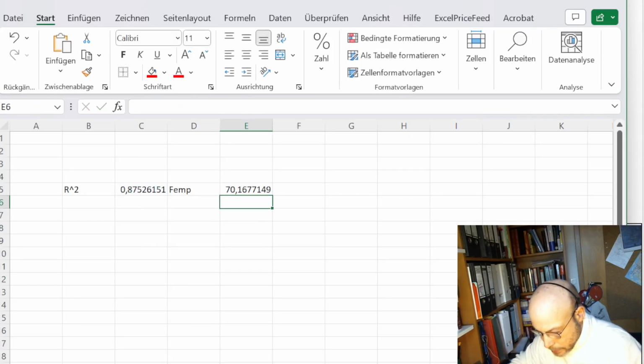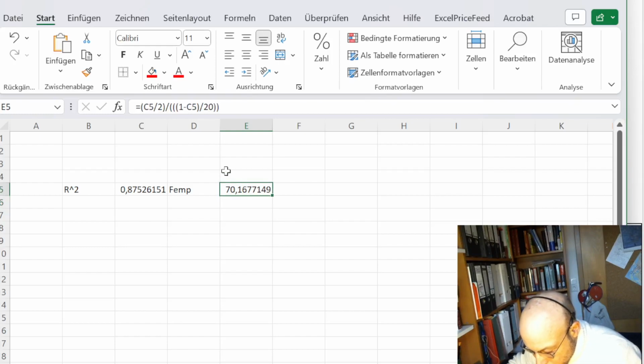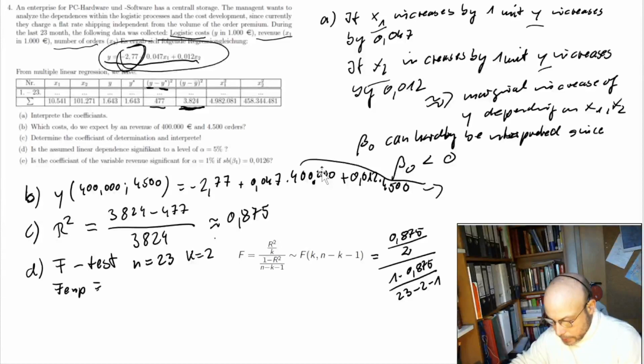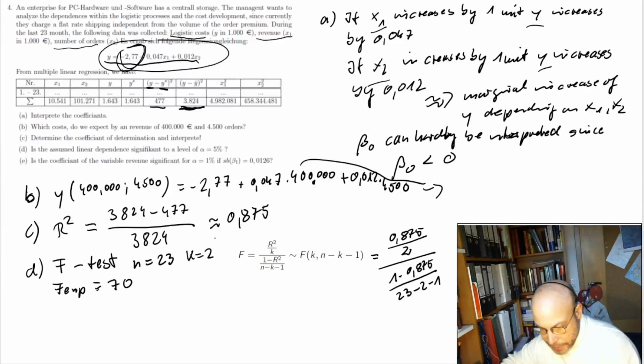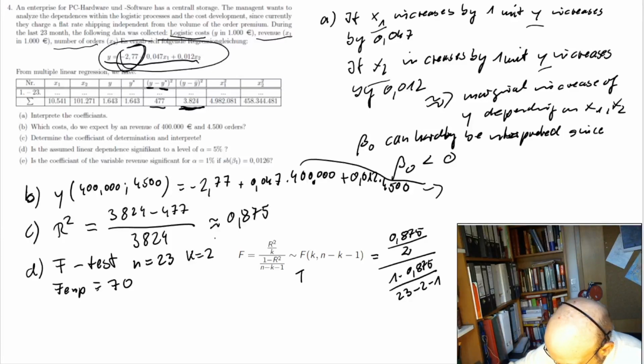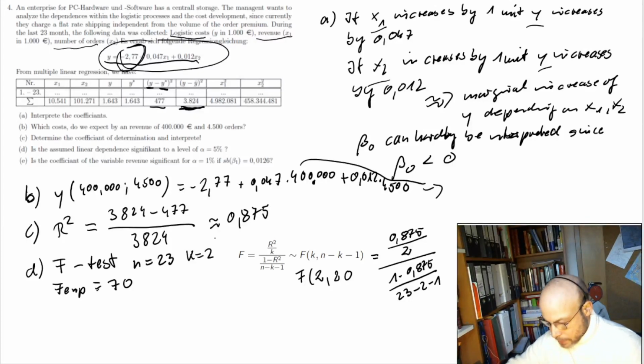Now it works. So we have roughly 70 for F empirical, and we have that this is distributed F with 2 and 20, and we should test at 5%.